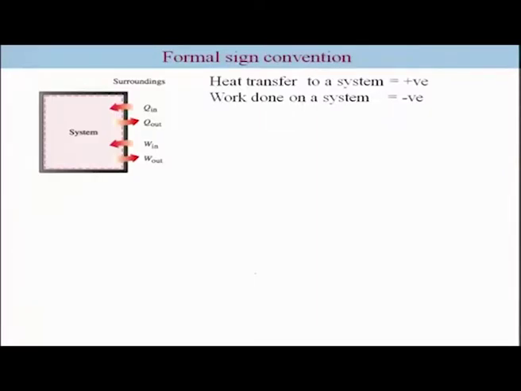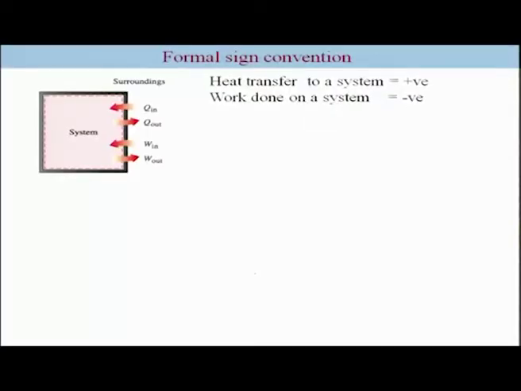Formally, there are many sign conventions. It primarily depends on the textbook we follow, but it is just to make our life a little easier. So, we will be using one of the sign conventions: we consider heat transfer to a system positive and work done on a system negative.